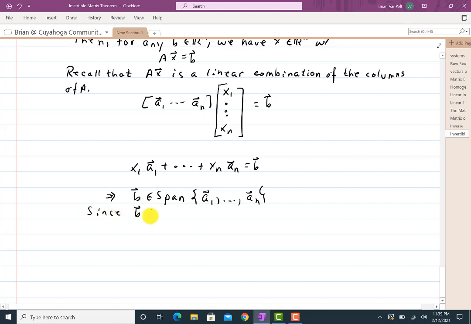Since B in Rn was arbitrary, we have that Rn is a subset of the span of those columns.